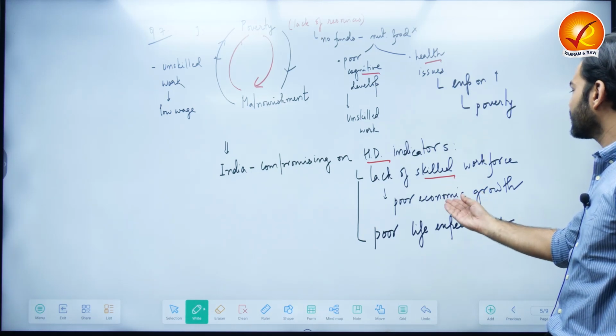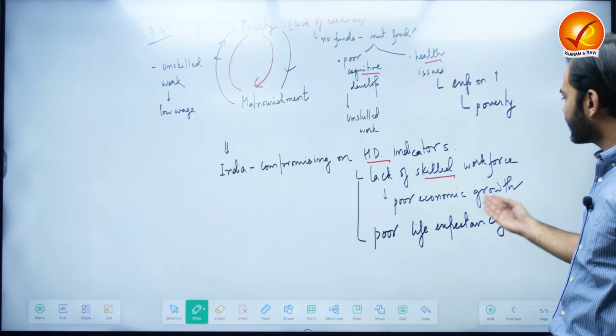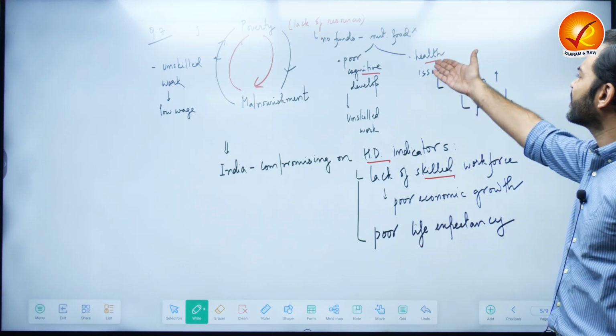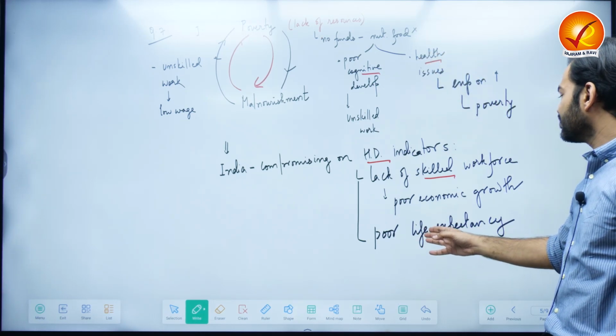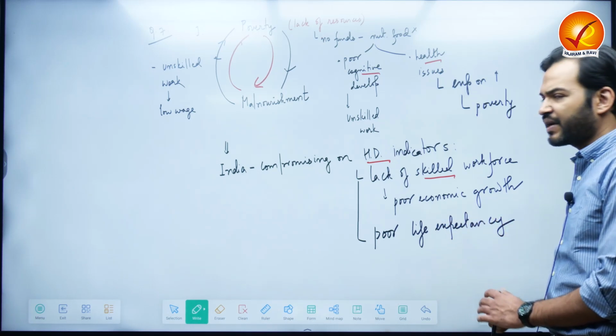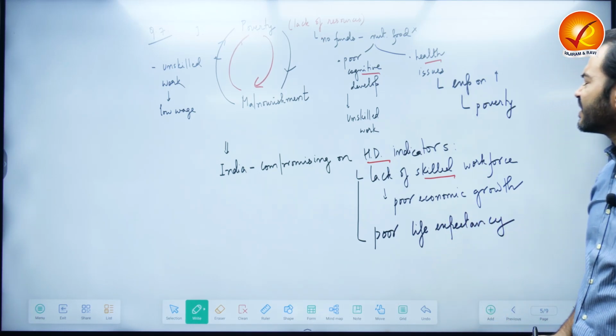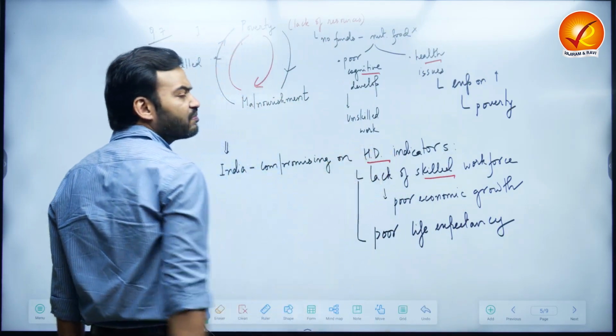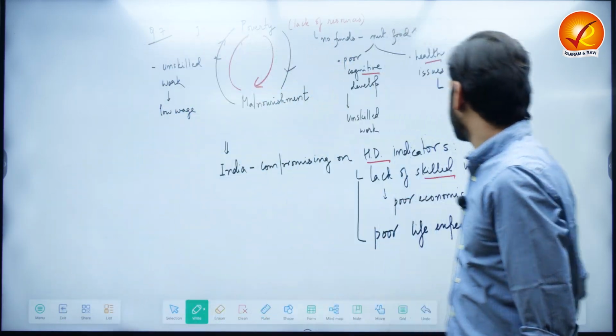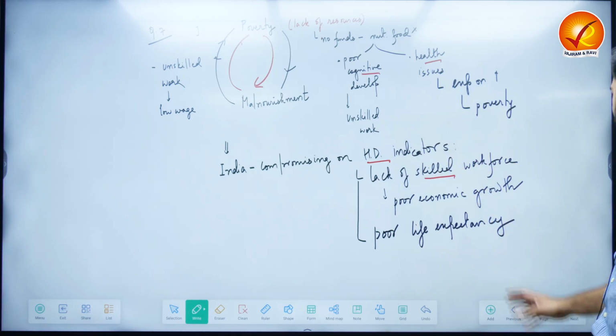Because of lacking a skilled workforce, India will have poor economic growth, and poor nutrition will again result in health issues, which will lead to poor life expectancy of the people. So India, because of poverty and malnourishment, is having poor human development indicators. So this is the first part of the question.